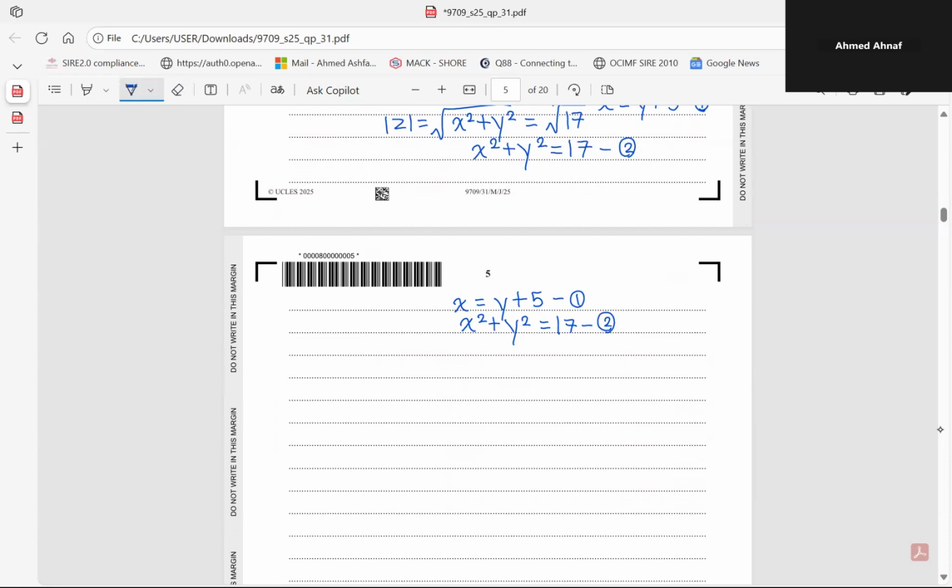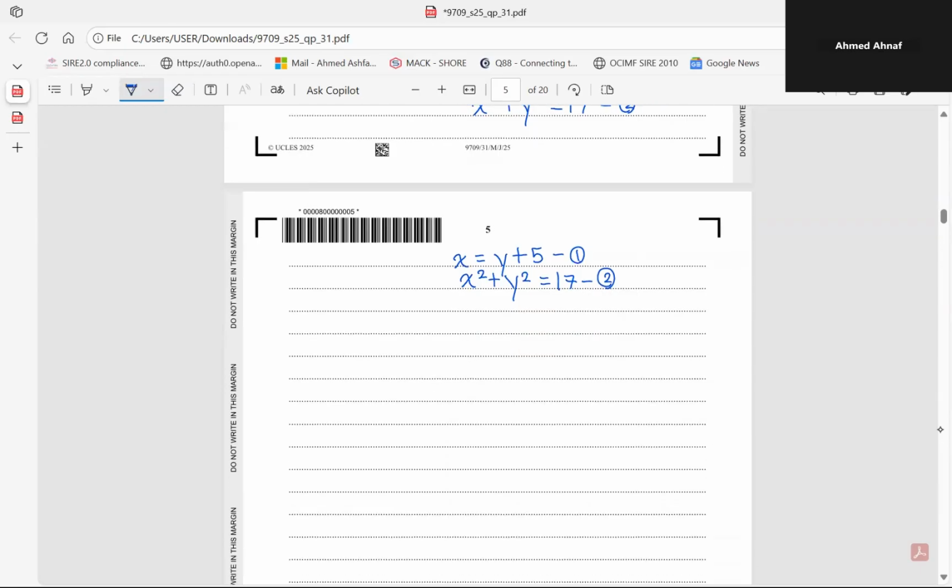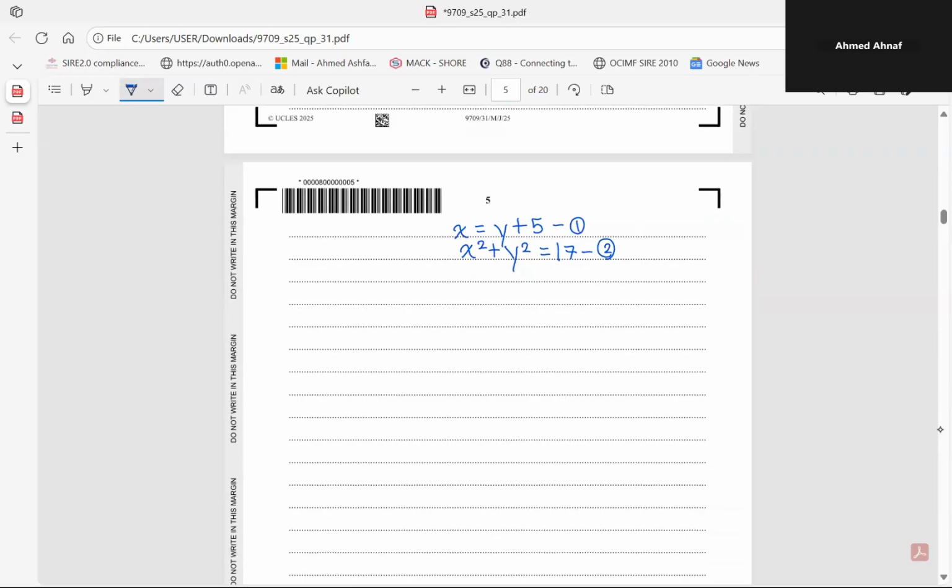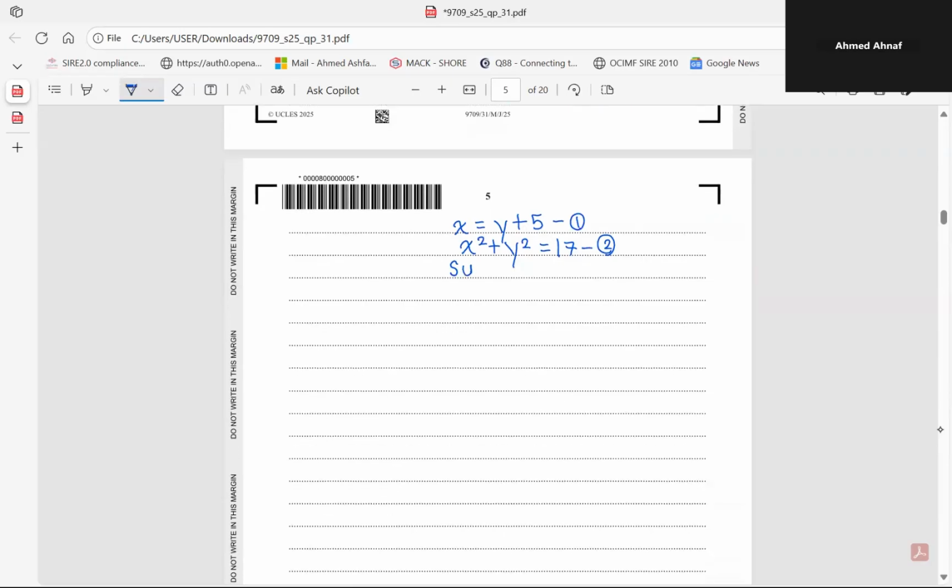Okay, since there's no common like terms that we can subtract from both equations, we're going to have to use the substitution method and solve them simultaneously. From the first equation, we can use x equals y plus 5 to solve the second equation. So we substitute the first equation into the second equation.